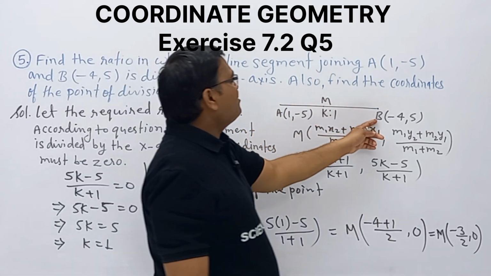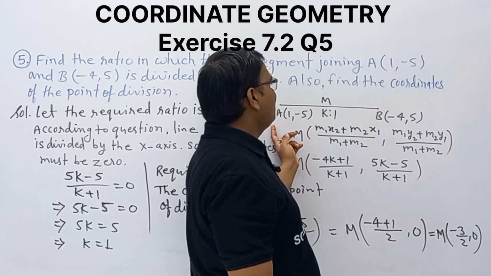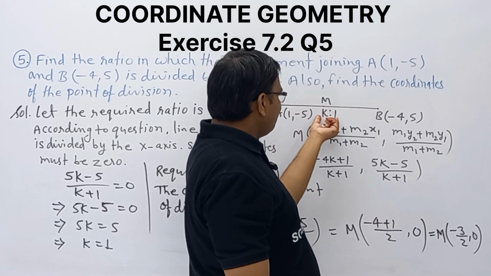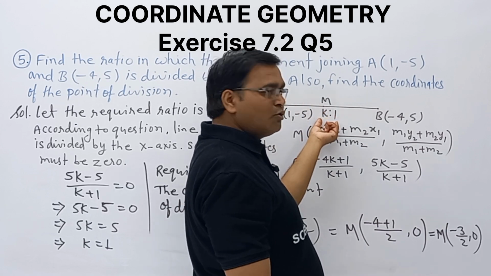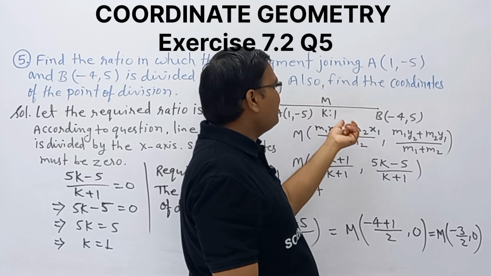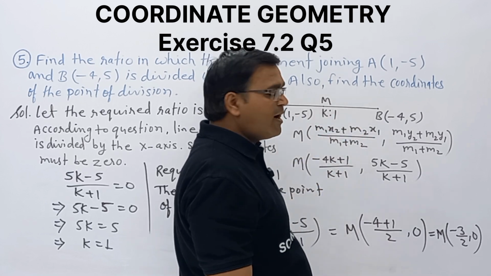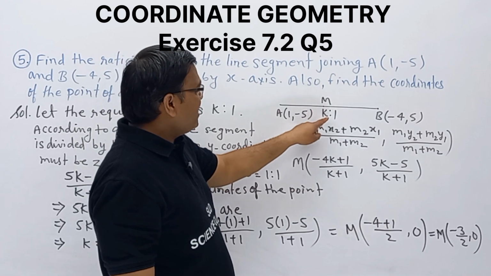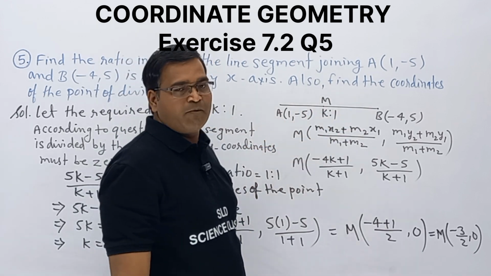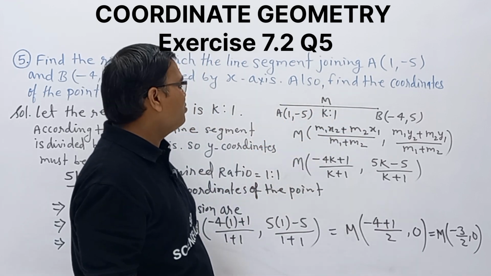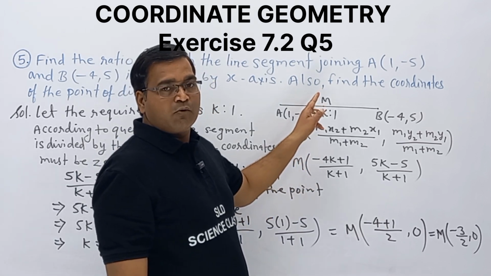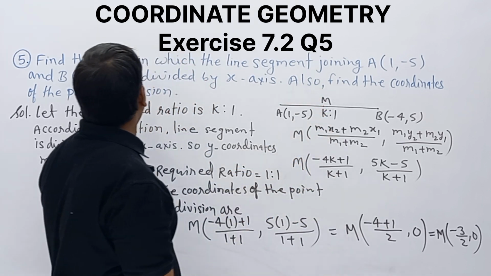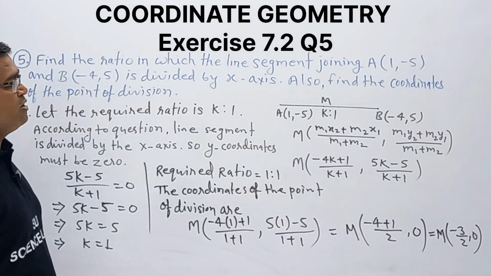Once we have the coordinates of the line segment, we assume the ratio because we require the ratio. So we assumed k is to 1 for this dividing line segment. Then, with the ratio and the coordinates, by using the section formula we can find the coordinates of the point of division.